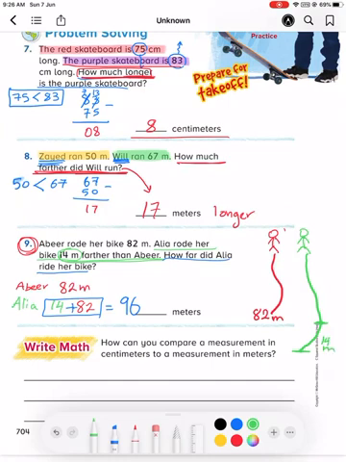This is 40 meters long. So we need to know how many meters did Alia passed. We already know that she already walked like Abir 82 meters and she walked more than Abir in 40 meters. So to know how many meters did she rode in all, we have to add 82 plus 40. So 40 plus 82 gives us 96.